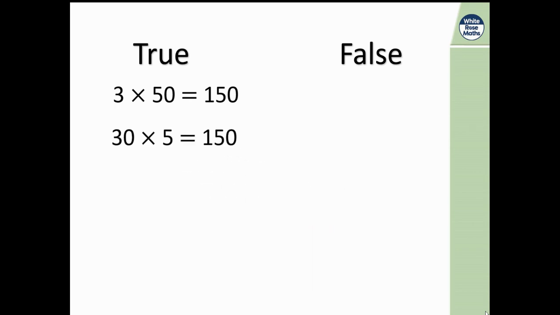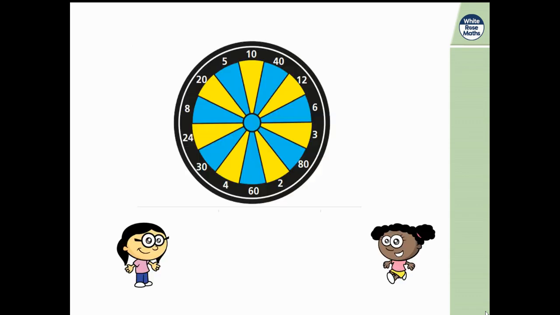So 3 multiplied by 50 equals 150, and 30 multiplied by 5 equals 150. What about this then? 30 multiplied by 50 equals 150. Well, no, that can't be true because 3 multiplied by 50 is 150 and 30 multiplied by 5 is 150. If I had 30 multiplied by 50, that would make a larger number, wouldn't it?